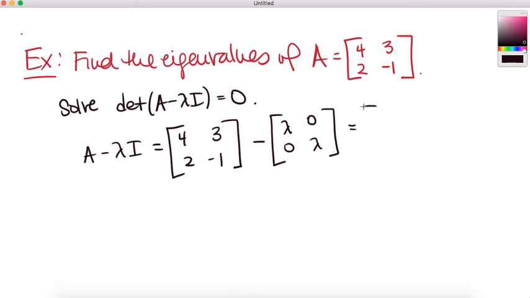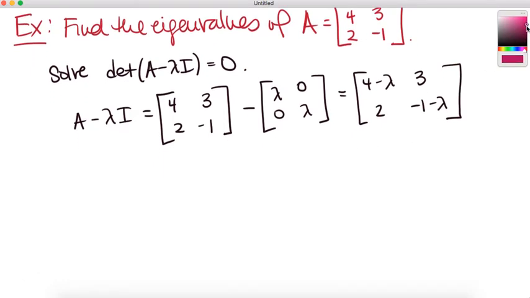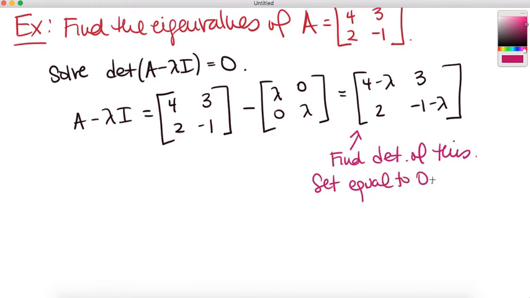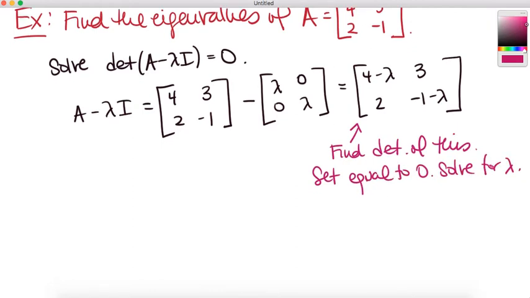That gives us 4 minus lambda; 3 and 2 are unchanged because they just have 0 subtracted; and then negative 1 minus lambda. Then we find the determinant of this, set that equal to 0, and solve for lambda.